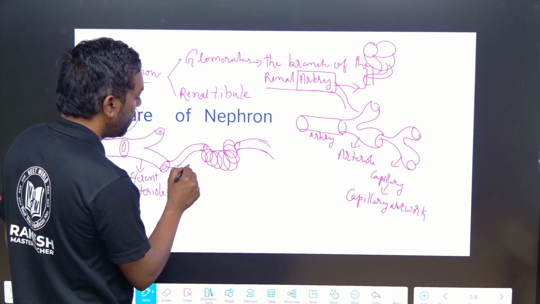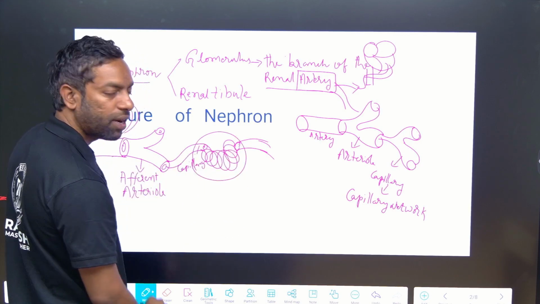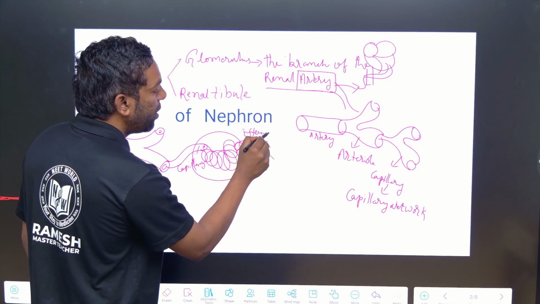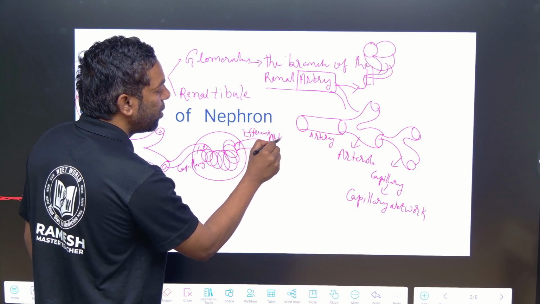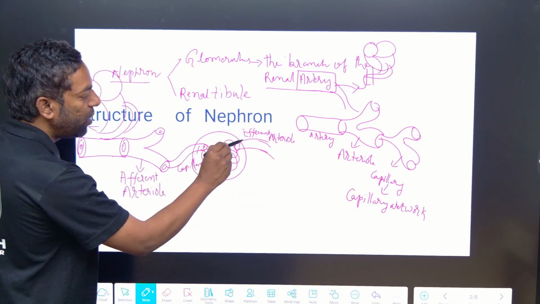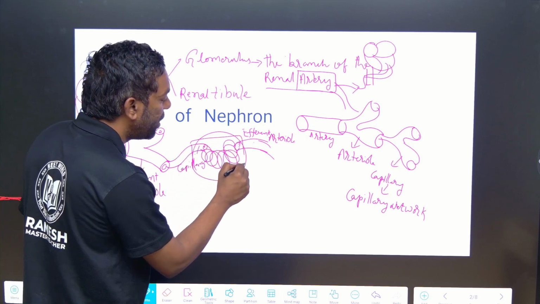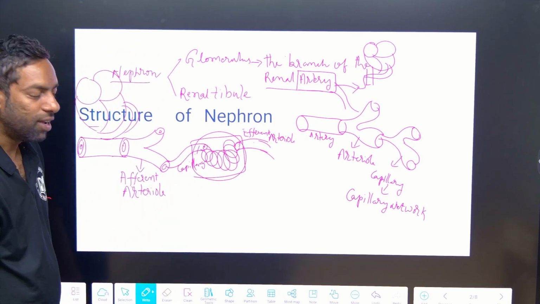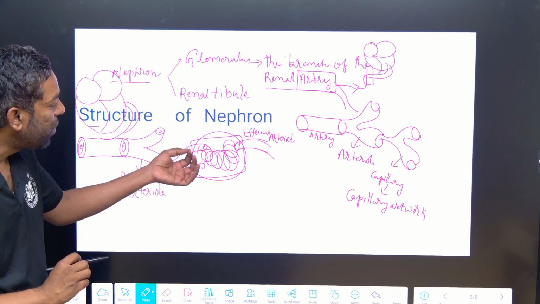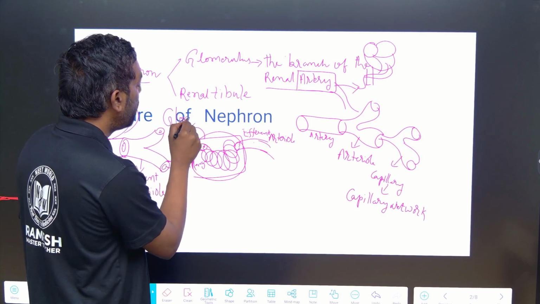The capillaries form a network here, and after the formation of the capillary network, the efferent arteriole forms. This capillary network in the part of the nephron we call the glomerulus.